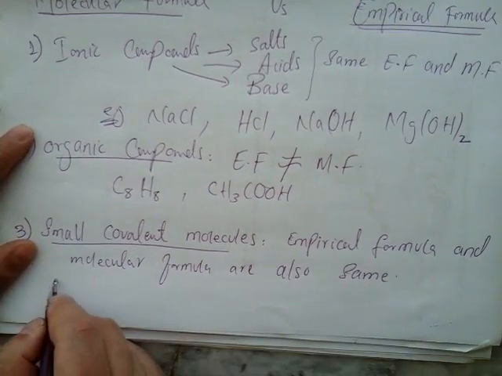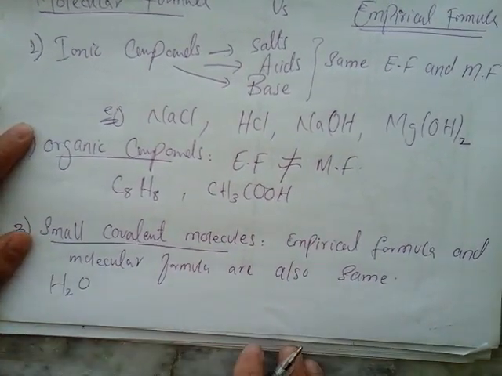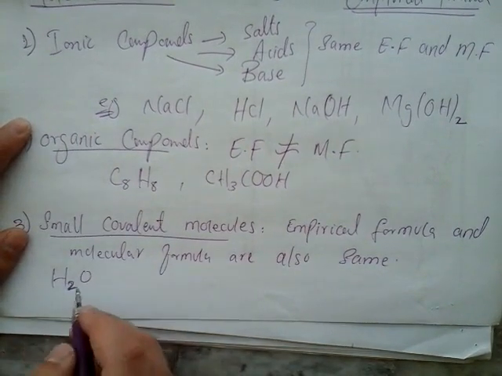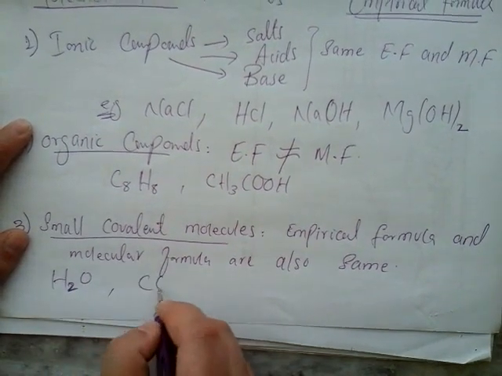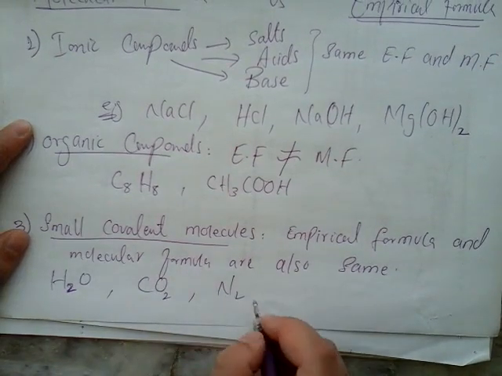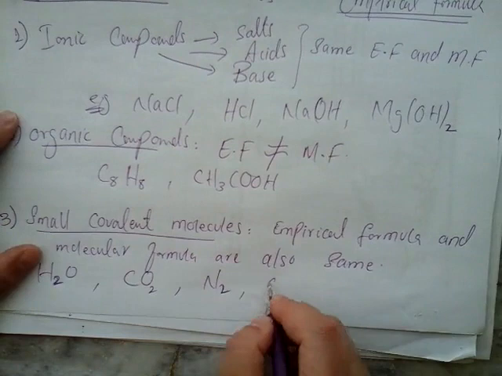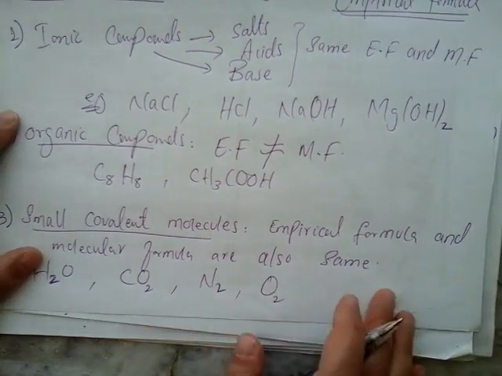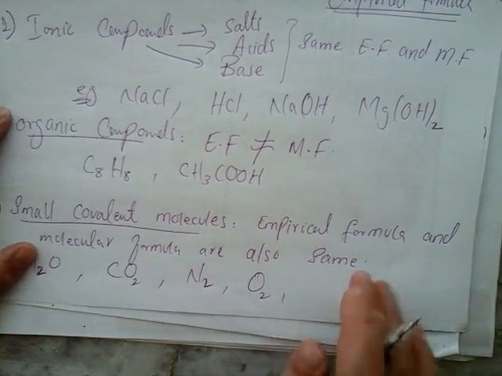For example, water is a covalent molecule, but still its molecular and empirical formula are the same. For example, carbon dioxide, nitrogen N2, oxygen O2, pure covalent molecules, where both formulas are the same.